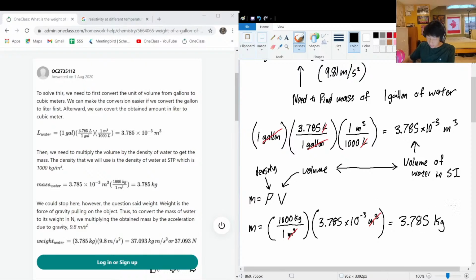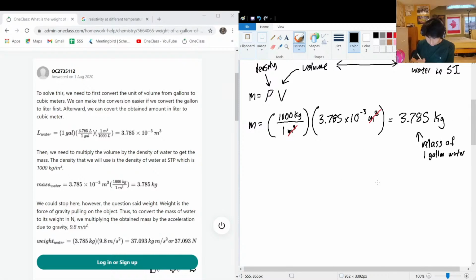Now that we have our mass, so this is the mass of 1 gallon of water, we want to convert that mass into a weight force. So we know that our weight force is equal to mass times gravity's acceleration.